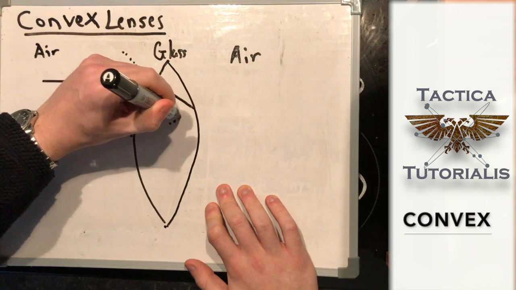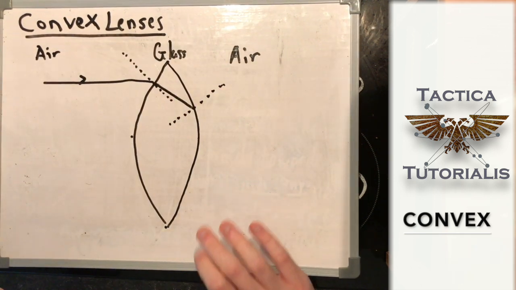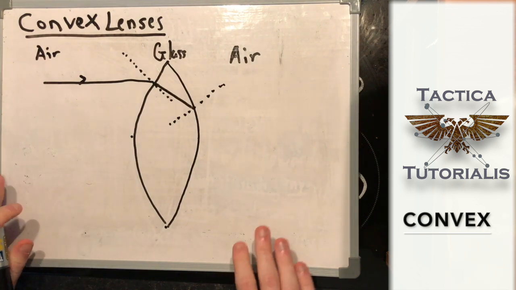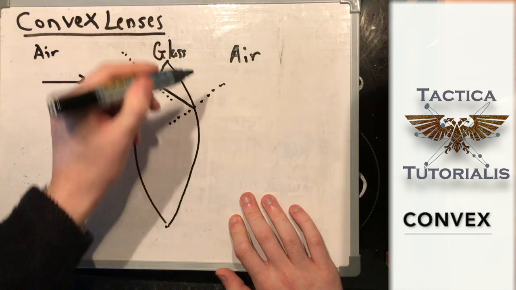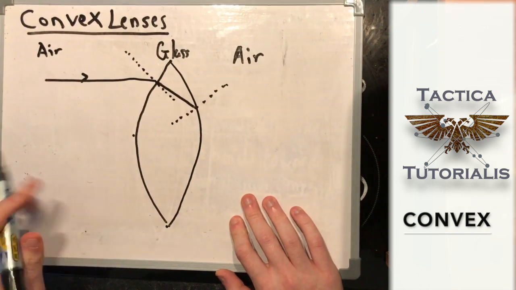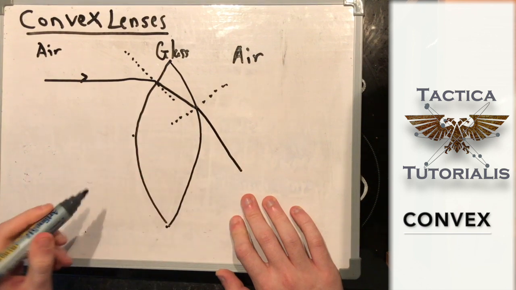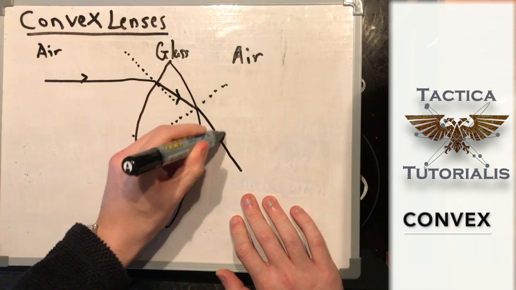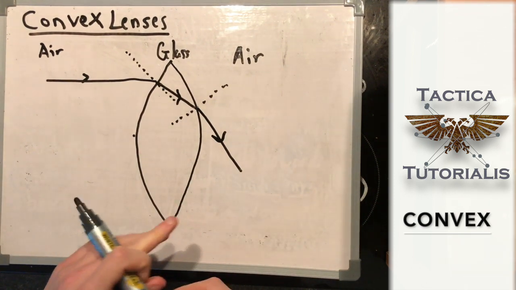That looks about right. And now we know that the light is going to bend away from the normal because we're going back into the less dense medium, that being the air. So it's going to bend like that. So that is the path that the light will take as it comes through a convex lens.